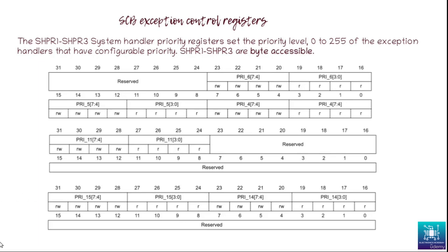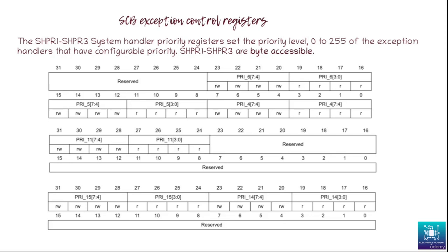Now the SHPR1 to SHPR3 are the system handler priority registers, and these registers set the priority level 0 to 255 of the exception handlers that have configurable priority. Now we have to be aware of one fact here, that these system handler priority registers, that is 1 to 3 in the exception vector space, are byte accessible.